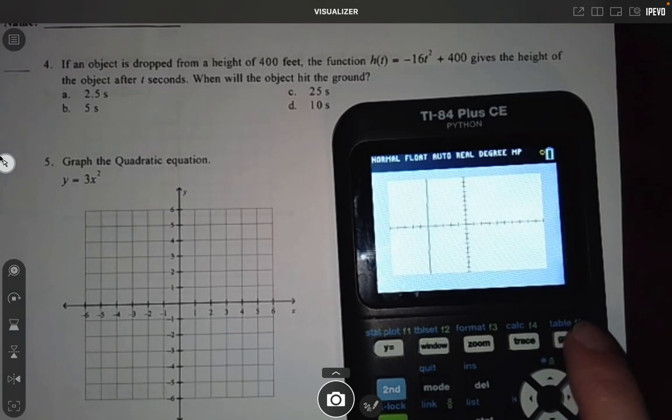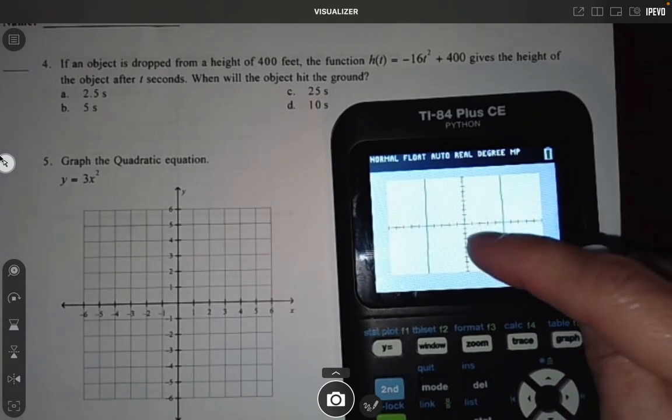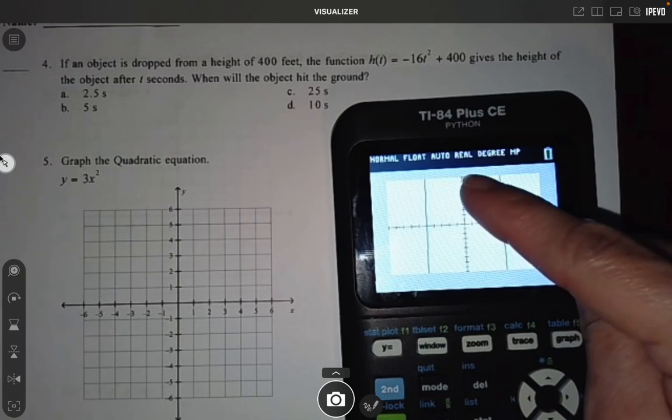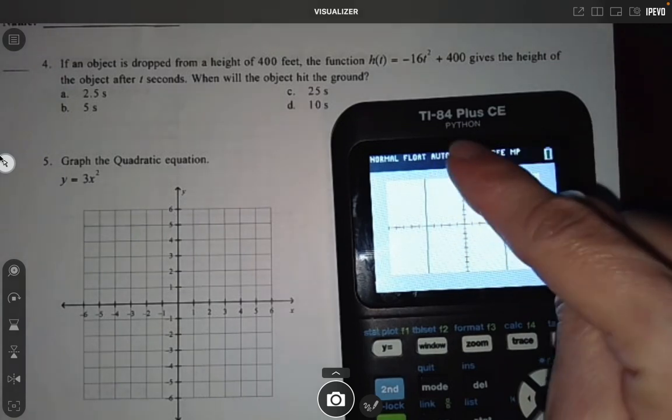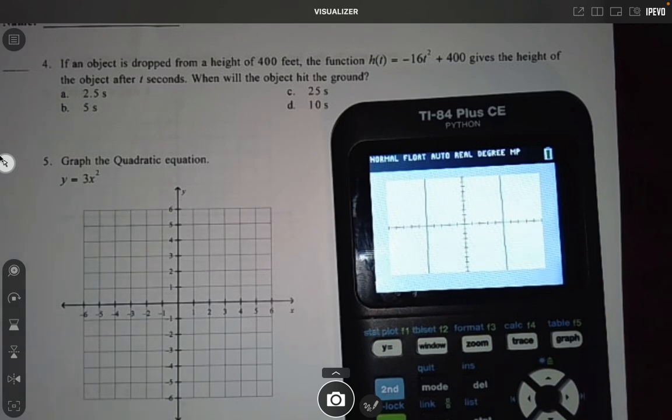So when I graph this, I probably don't see the top, right? My little graph is only going up 10. Well, the top of it's at 400. I'm a long ways from it. But I don't really care, okay? All I know is this object, none of these negative numbers matter because you can't have negative time. So this object is way up here, and it dropped, and it fell. I'm a little off.